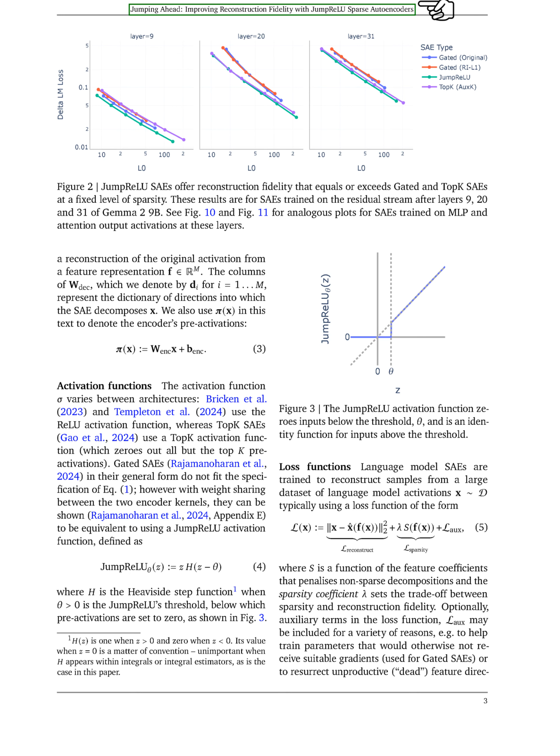Furthermore, JumpReLU SAEs provide reconstructions that are at least as good as, and often slightly better than, those from top-K SAEs. Similar to simple ReLU SAEs, JumpReLU SAEs require only a single forward and backward pass during training, making them more efficient than both gated and top-K SAEs.